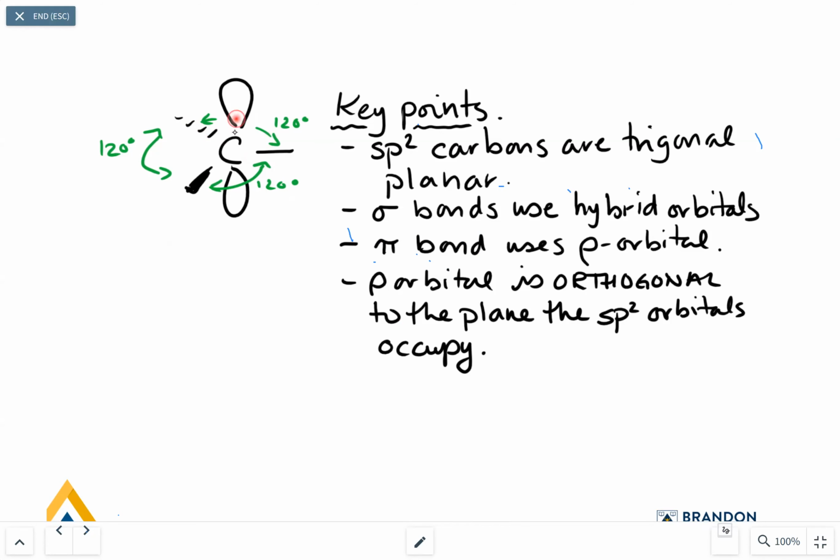So this is perpendicular to the plane, which would be along here. These would be 90 degrees from that. So they occupy a completely different space. So that would be the key point. So anytime you see a carbon which has one double bond, it will be sp2 hybridized.